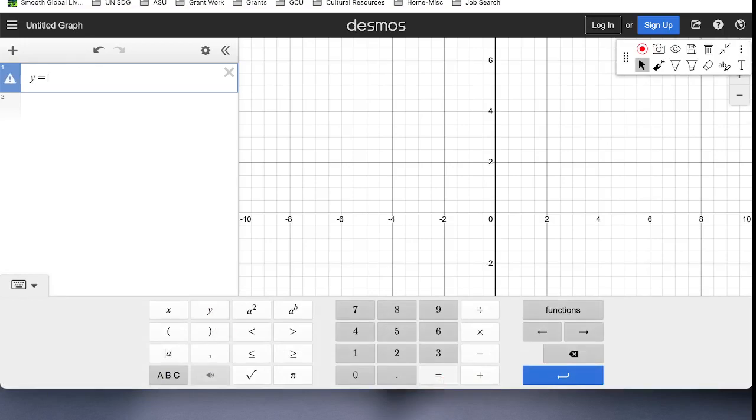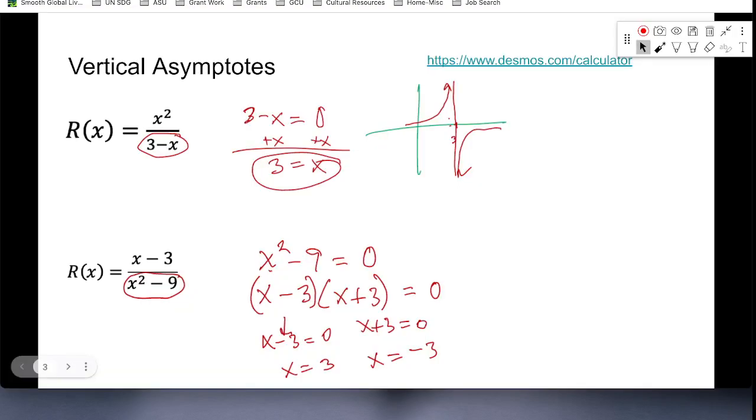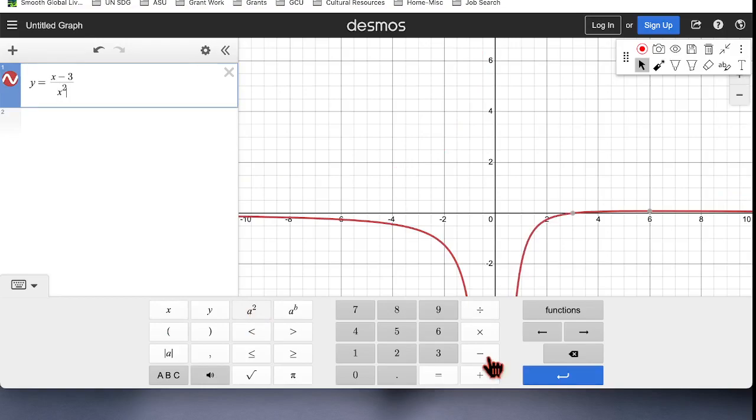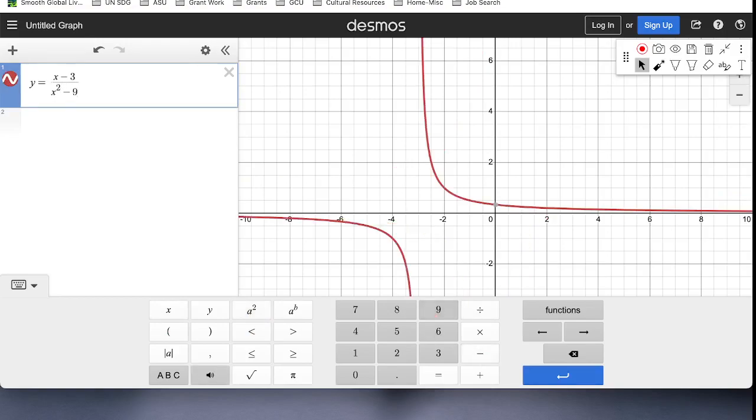So we've got y equals x minus 3, good, divided by x squared minus 9.